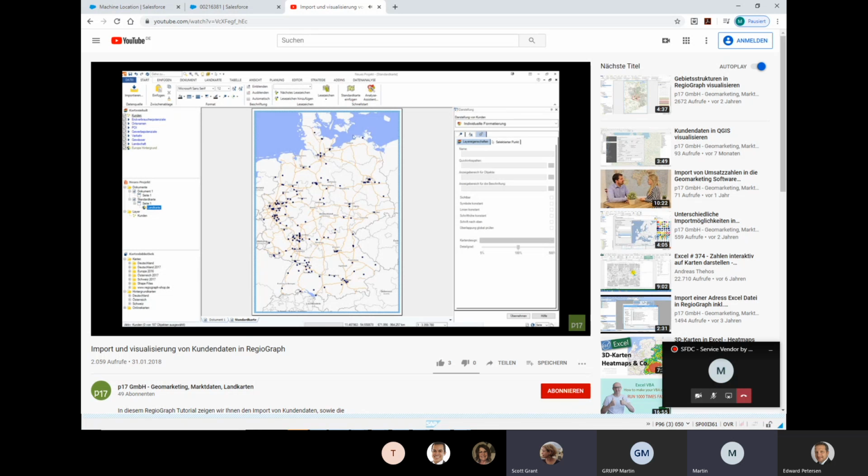Or in case I have my own service technician, this is the area I defined for my service tech, which this service tech can cover as preliminary.